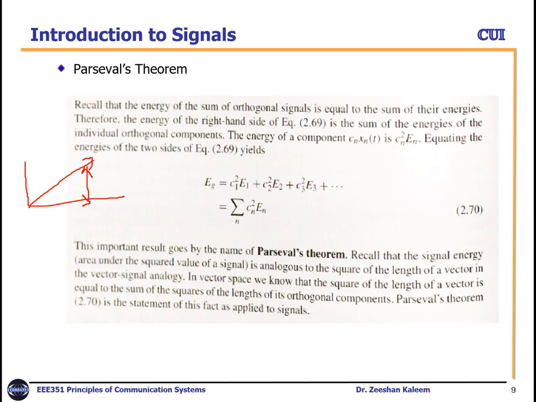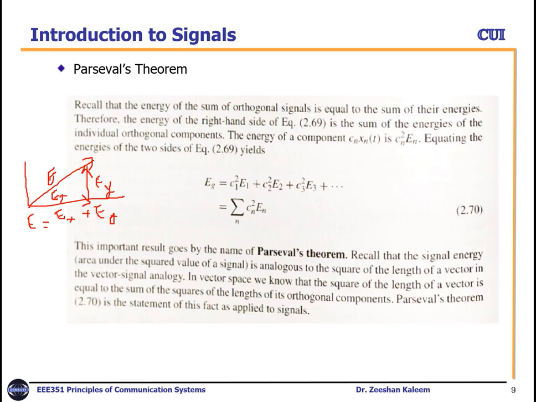So what he said is that the energy of this signal, and the energy of the components, E of x and E of y, total E is the summation of its components, E of x plus E of y in general. It is clear.